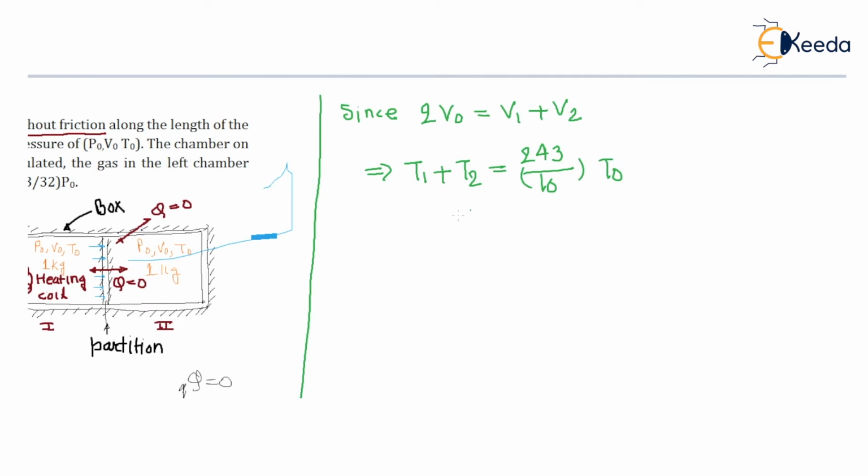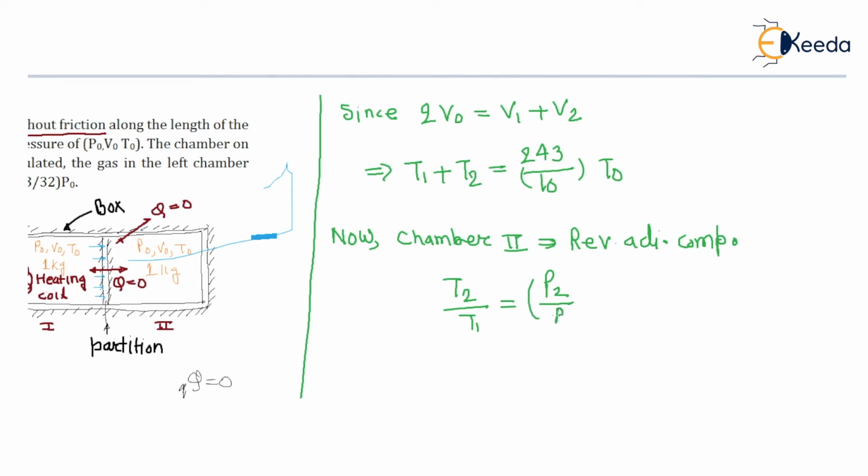Now, since the second chamber is a reversible adiabatic compression, we have to use T2 by T1 is equal to (P2 by P1) to the power (gamma minus 1) upon gamma.